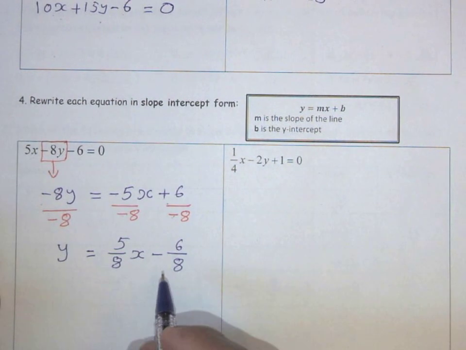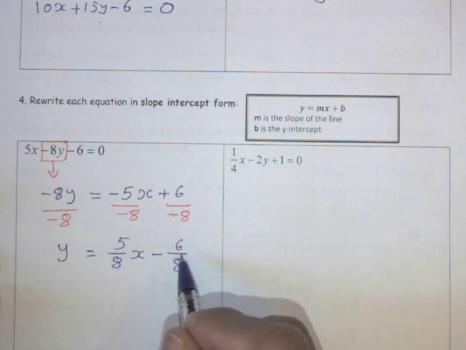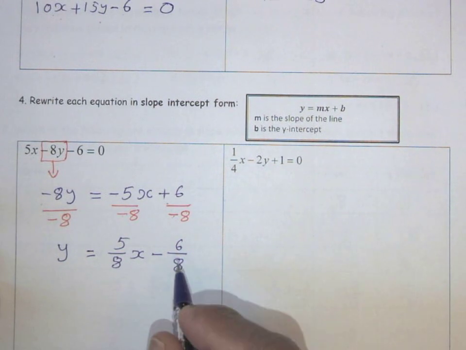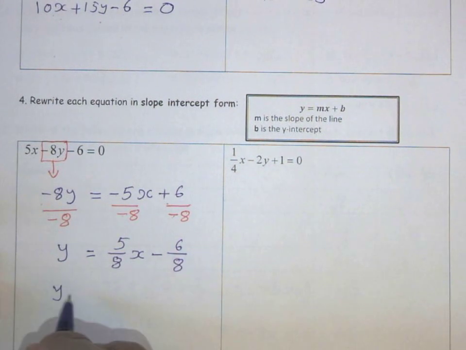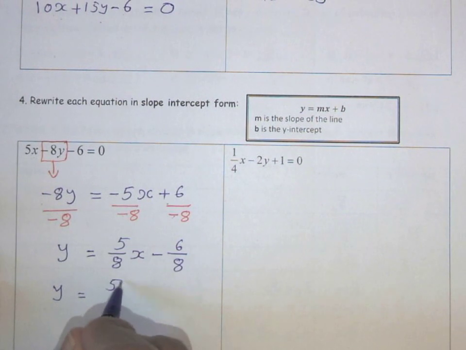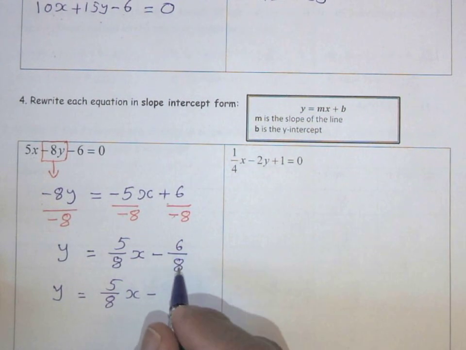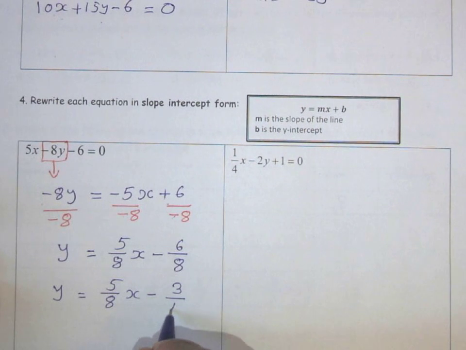Now the last term, 6 over 8, can be reduced to a smaller fraction. So y equals 5 over 8x minus, reduced by 2, 3 over 4.